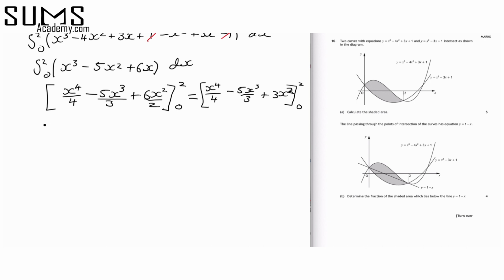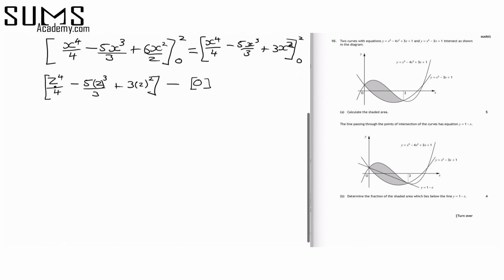So this then becomes 2 to the power of 4 over 4 minus 5 times 2 to the 3 all over 3 plus 3 times 2 to the power of 2, and because all the components in this also have an x, when x is equal to 0, this whole expression is just going to become 0.